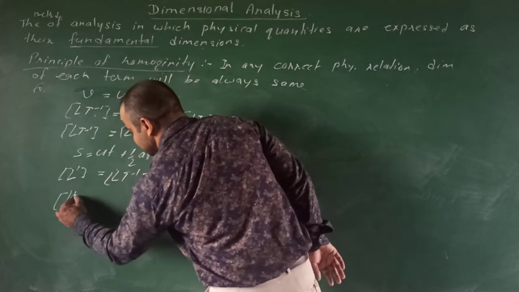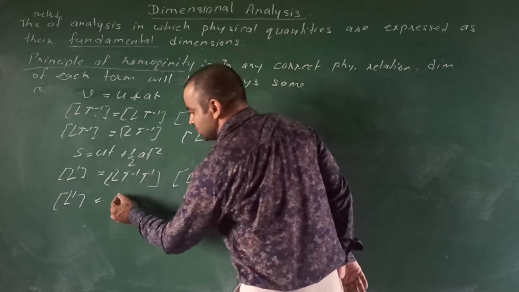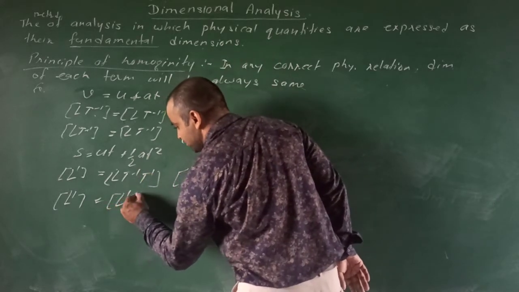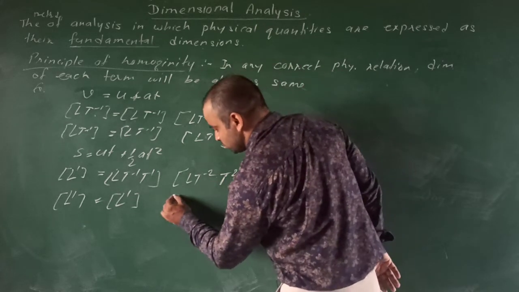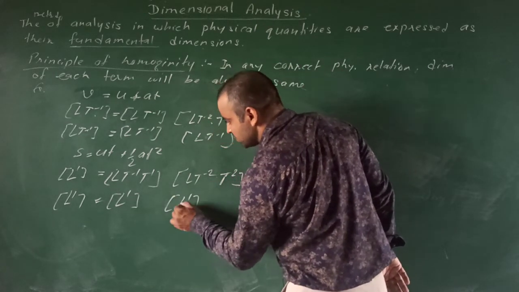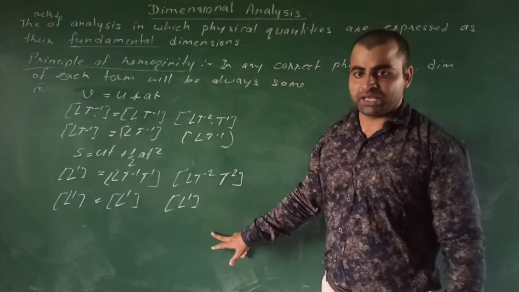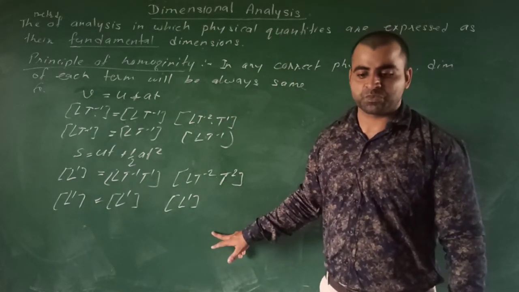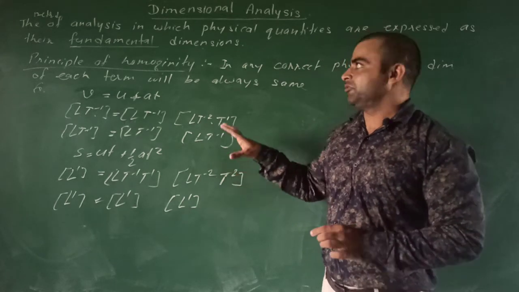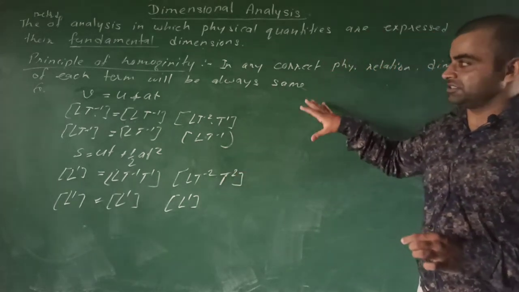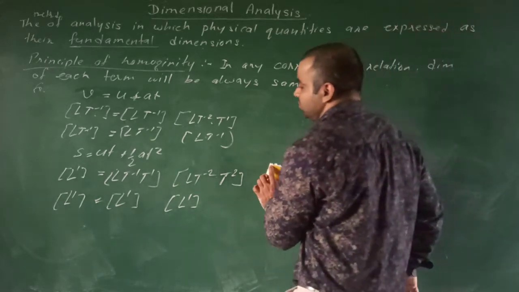Dimensions: L^1, here T^-1 and T^1 cancel, so L^1, here T^-2 and T^2, only L^1. Same dimension, principle of homogeneity. We can find any relation with the help of dimensions, and dimensions follow the principle of homogeneity.